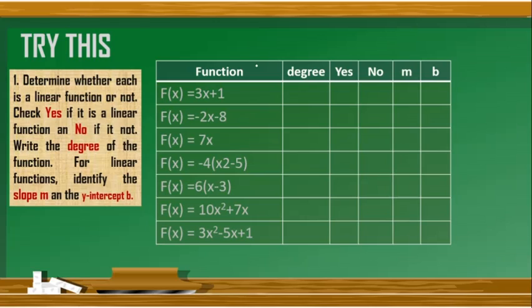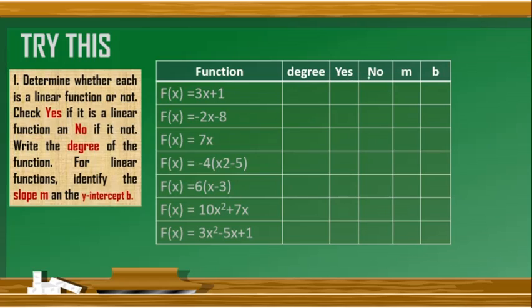So let's try this one. Determine whether h is a linear function or not. Check yes if it is a linear function and no if it is not. Write the degree of the function. For a linear function, identify the slope and the y-intercept. As you can see in our heading, these are the given function and the degree, which depends on your answer.